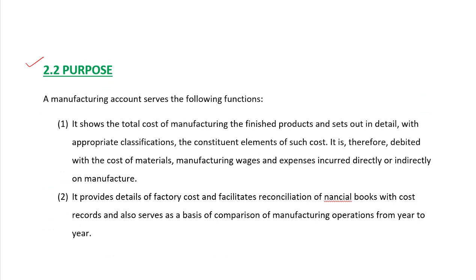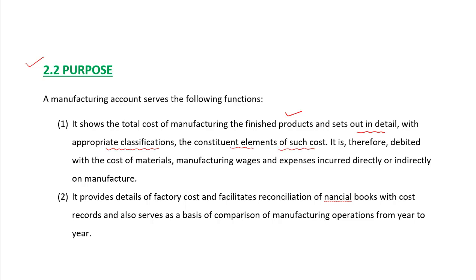Purpose of preparing manufacturing account. A manufacturing account serves the following functions. First, it shows the total cost of manufacturing the finished product and sets out in detail with appropriate classification the constituent elements of such cost.